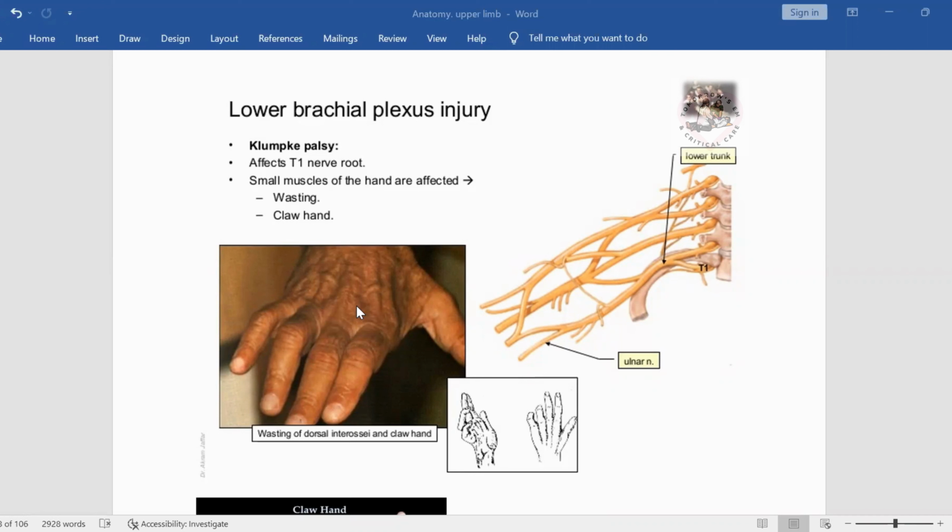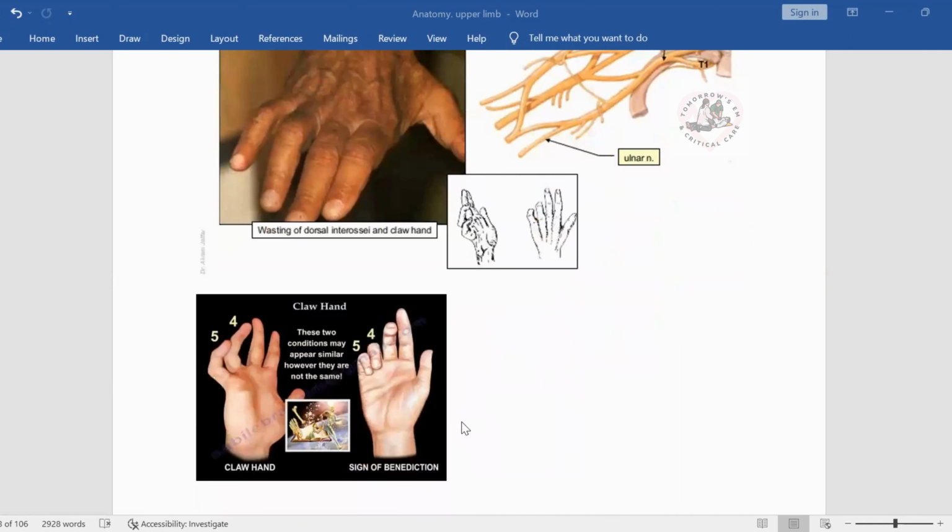Usually single nerve compression does not cause so much muscle wasting, but if the trunk is involved, there will be gross muscle wasting. Clear? So this one is absolute claw hand, both ulnar and median palsy due to lesion of the trunk, C8 and T1. This one is median claw hand and this one is ulnar variety claw hand. Clear?